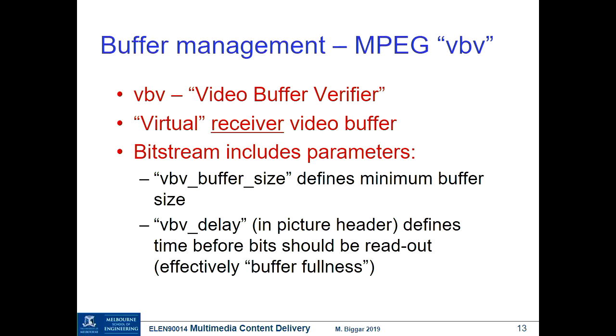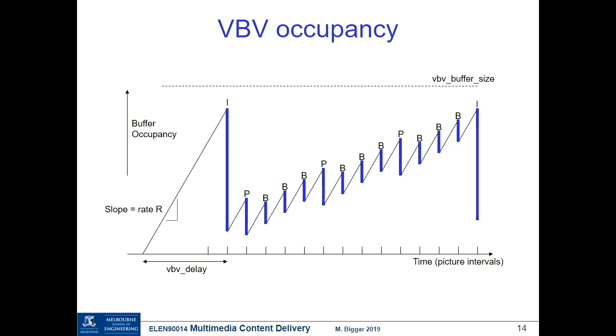Maybe this next diagram will make more sense of that though. So this is a simple sort of MPEG 1 or MPEG 2 style encoding. And so the encoder has said to the decoder, I assume you have at least VBV buffer size bytes available to me.